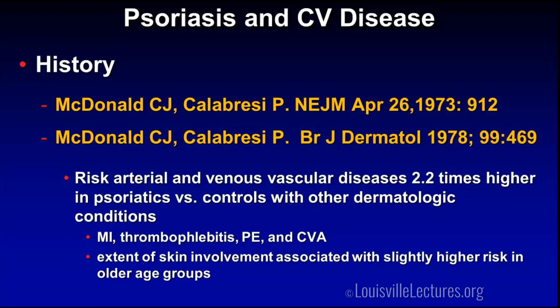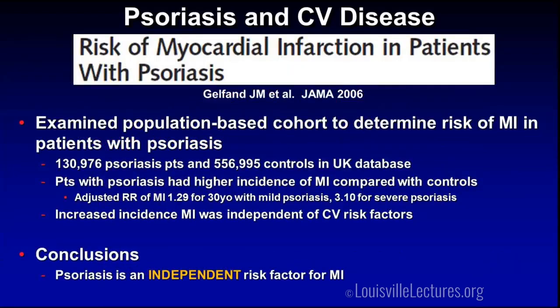But really, the attention of researchers concerning this relationship came after a paper was published in JAMA in 2006 by Joel Gelfand, a dermatologist at the University of Pennsylvania, and his research colleagues.